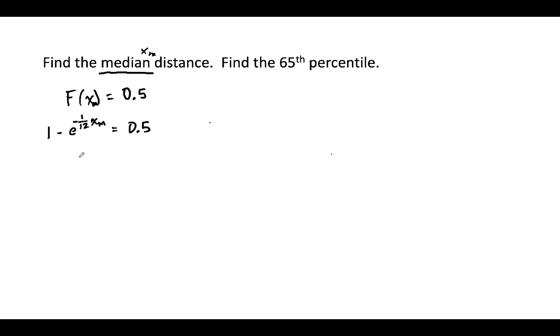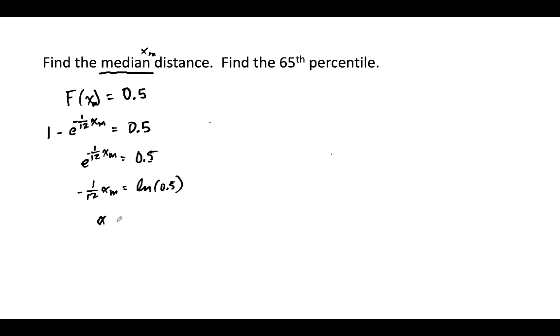We do a little bit of calculation here. I'm going to subtract that 1 and multiply by -1. I get e to the negative 1/12 x_m equals 0.5 still. Now I'm going to take the natural log of both sides. I get negative 1/12 x_m equals ln 0.5.